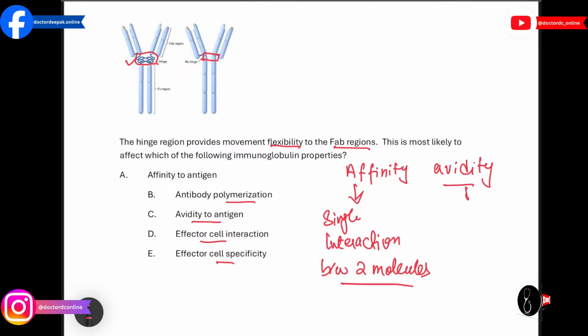But avidity refers to the overall strength of multiple interactions between multivalent molecules. Simply, you can take affinity as just about one molecule, and avidity is made by the total molecules that are going to attach to that substance. That is called avidity.